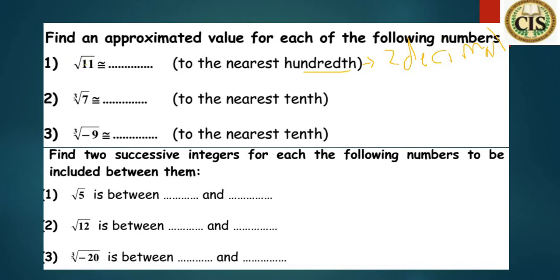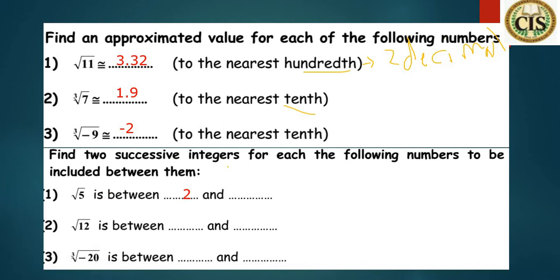If we write root 11 and press S⇔D in your calculator, it will be 3.32. Cube root of 7 to the nearest tenth means 1 decimal place, so 1.9, and cube root of negative 9 to the nearest tenth will be negative 2.1 and so on.